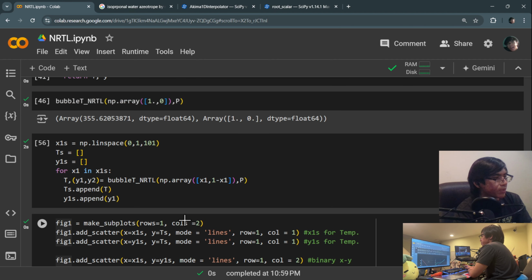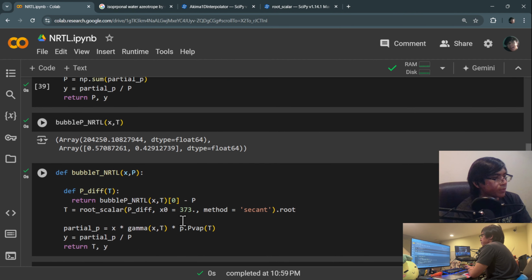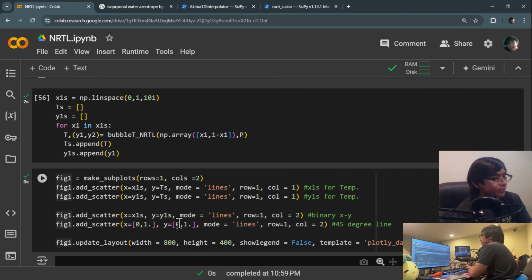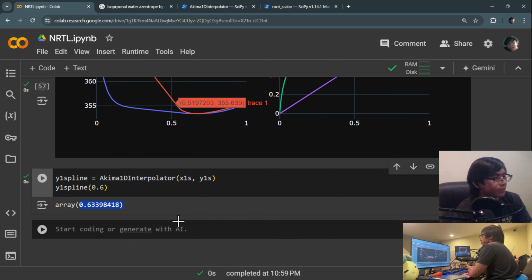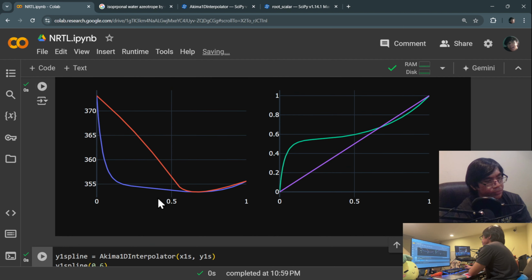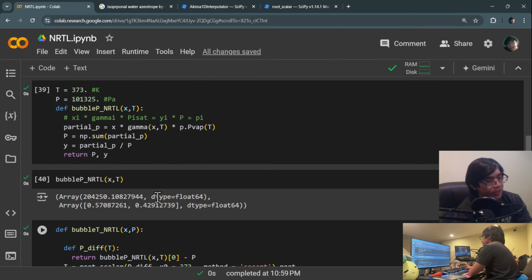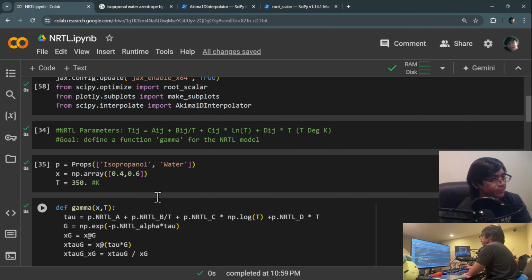Is that 0.6? What am I thinking of? I'm trying to find the equilibrium pair of 0.6 liquid mole fraction. Oh, I think I'm just interpreting this wrong.